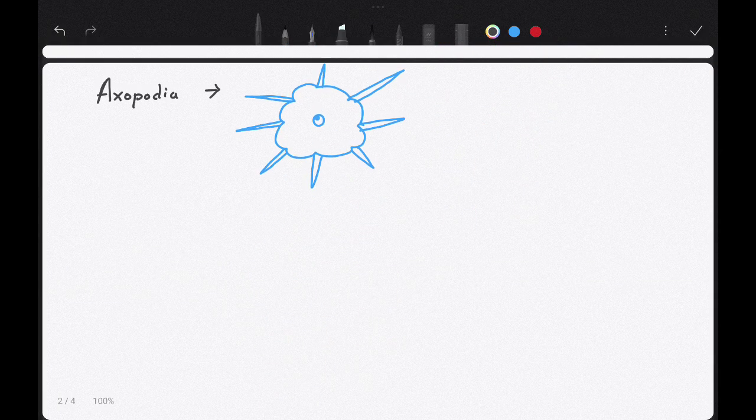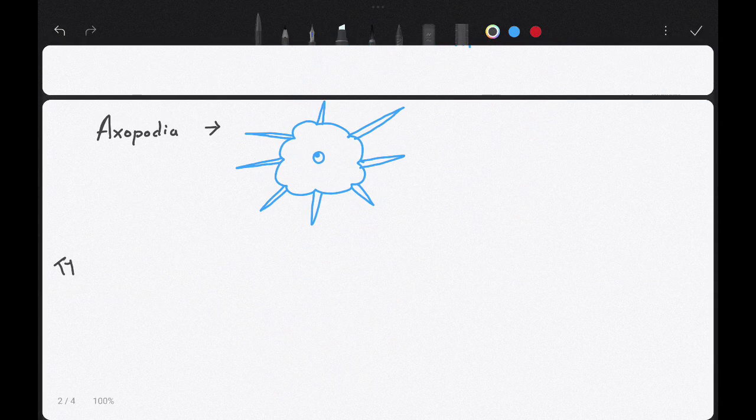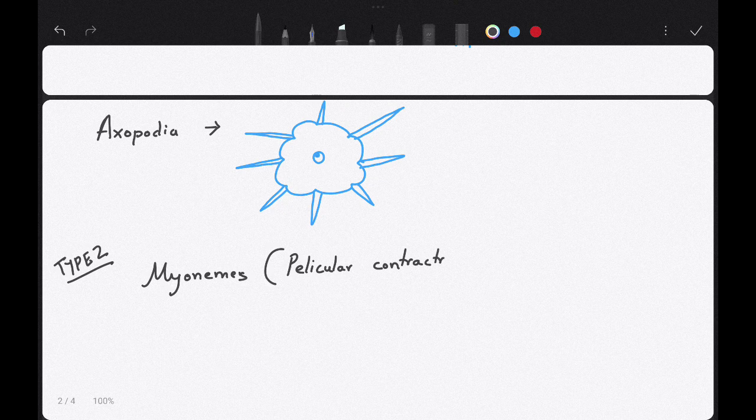Now type 2 is done by myonemes, or these are called pellicular contractile structure. I will come to that.